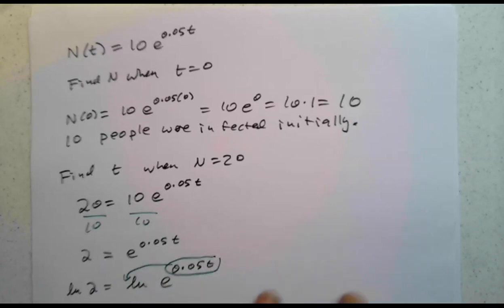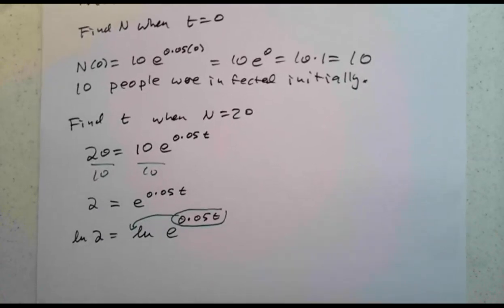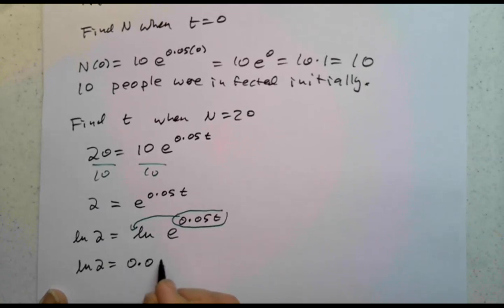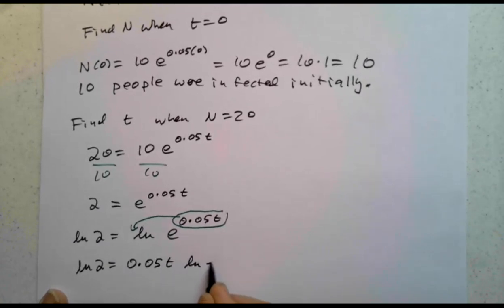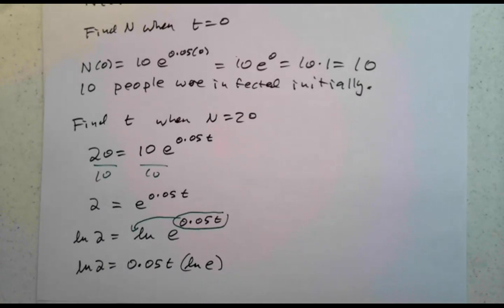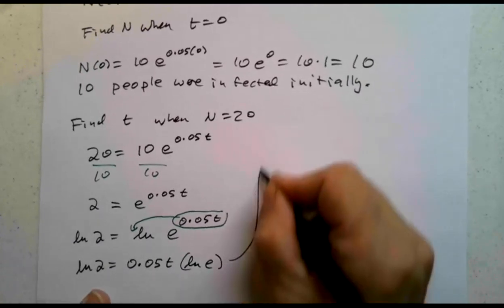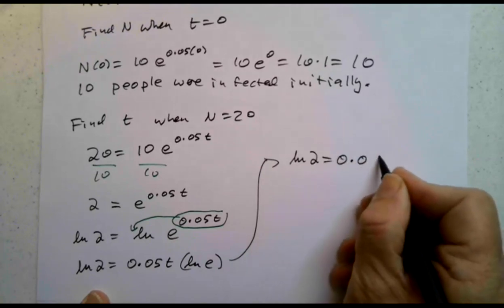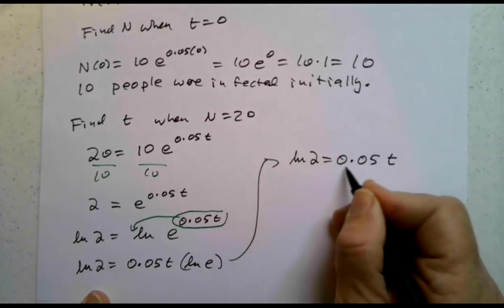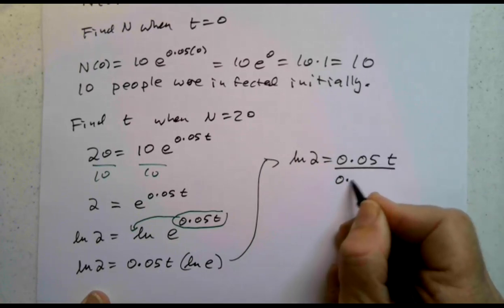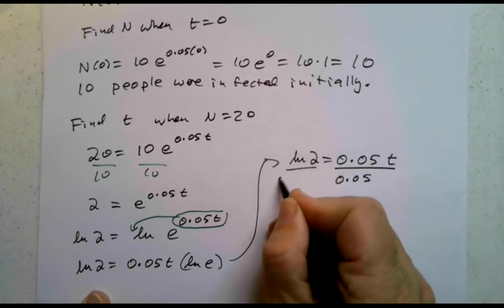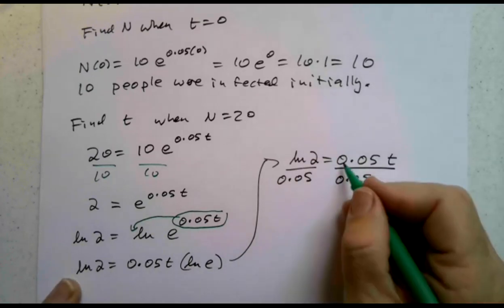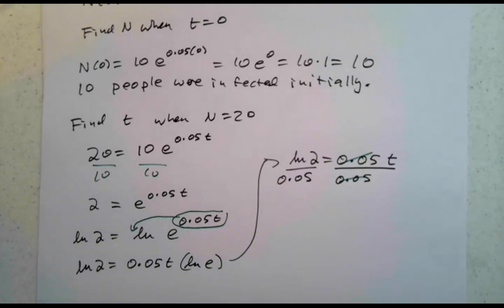So our next line will be natural log 2 equals 0.05 t times the natural log of e, but the natural log of e is just 1. So this then becomes natural log 2 equals 0.05 t times 1. And then I can finish this by dividing both sides by 0.05. Then we get t equals natural log 2 divided by 0.05.